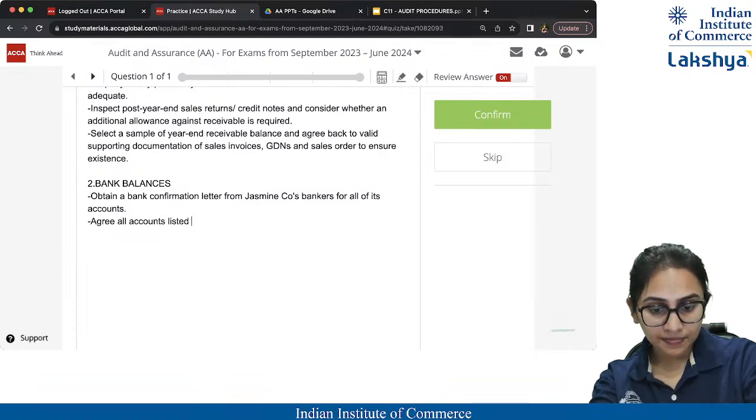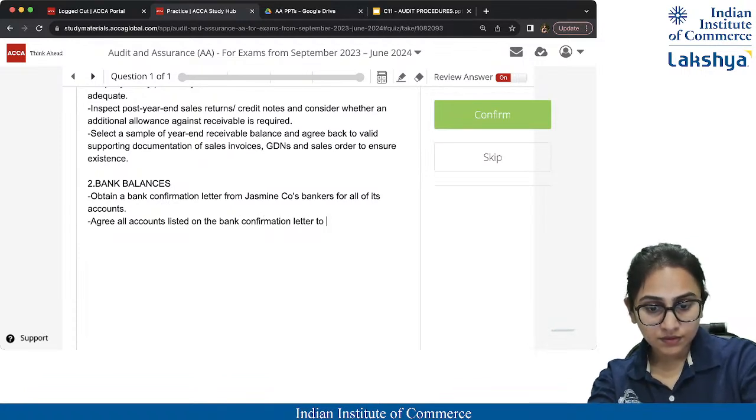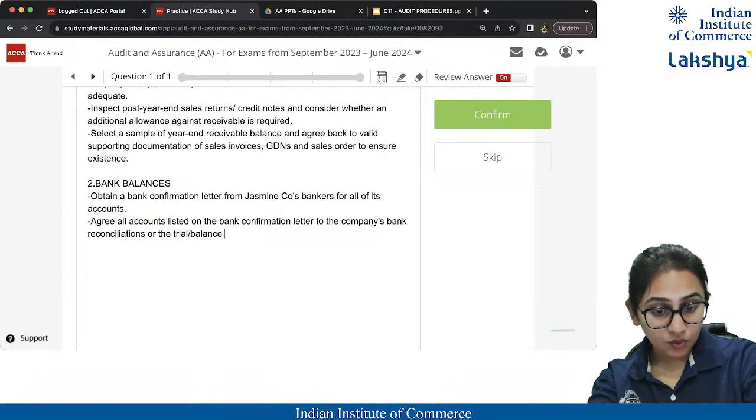listed on the bank confirmation letter to the company's bank reconciliation or the trial balance or general ledger to ensure completeness of bank balances.